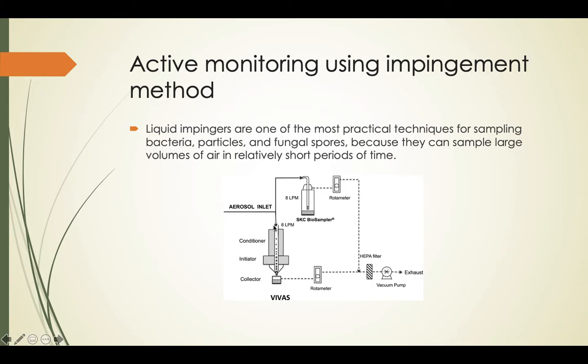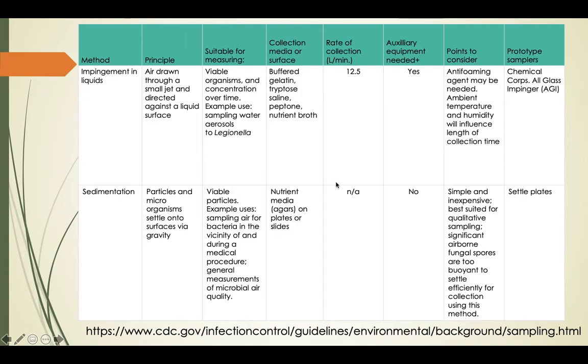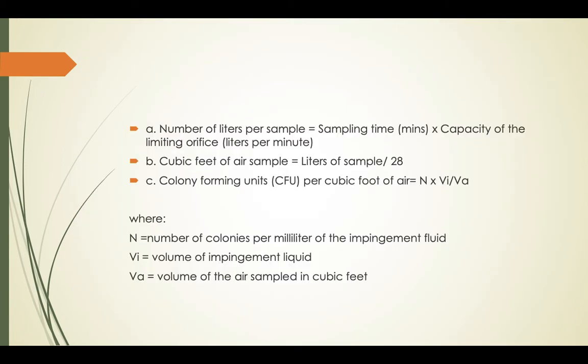So the rate of air suction will actually dictate the rate of collecting the sample. There's auxiliary or secondary equipment needed, a lot actually, so it's not really time saving, and it can be costly compared to sedimentation, compared to settled plates.